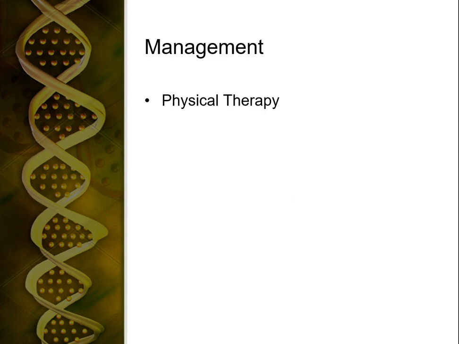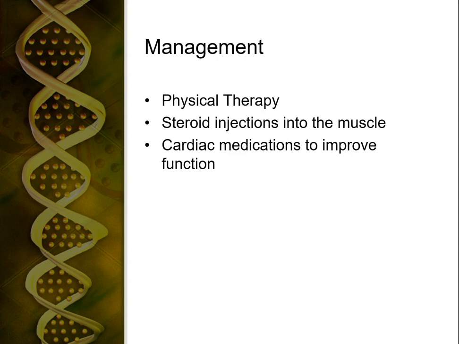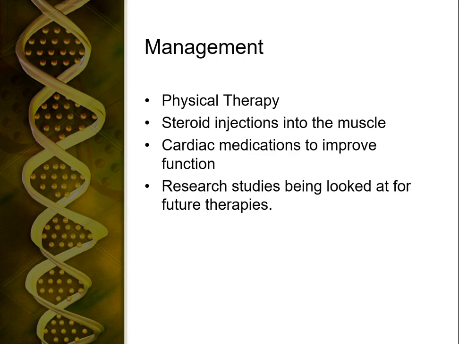So management of Duchenne's muscular dystrophy includes physical therapy to try to increase muscle strength of the muscle that you have, steroid injections into the muscle to help the inflammatory response, and cardiac medications to improve cardiac function with the progressing dilated cardiomyopathy.